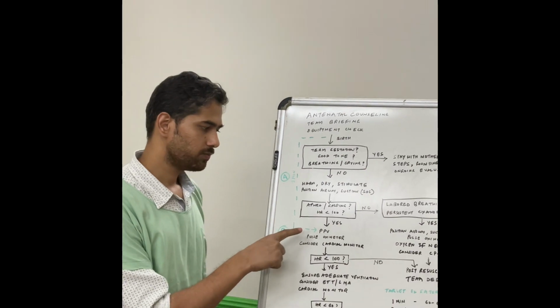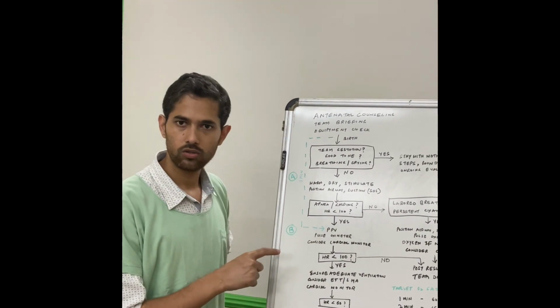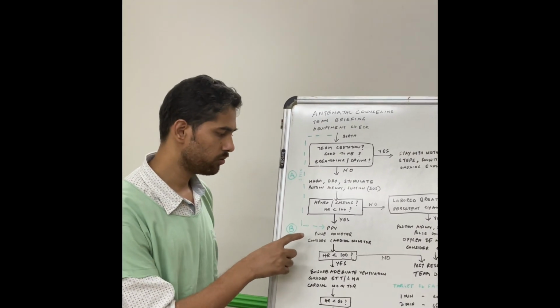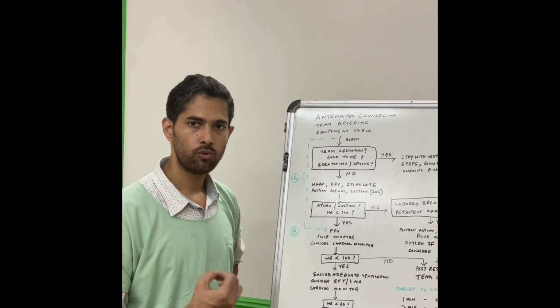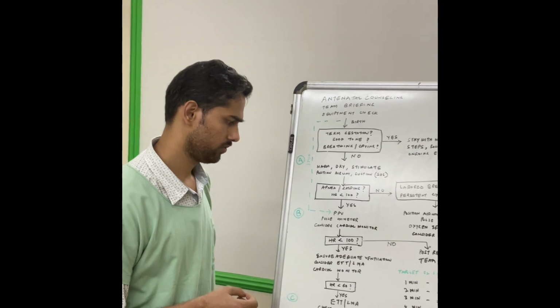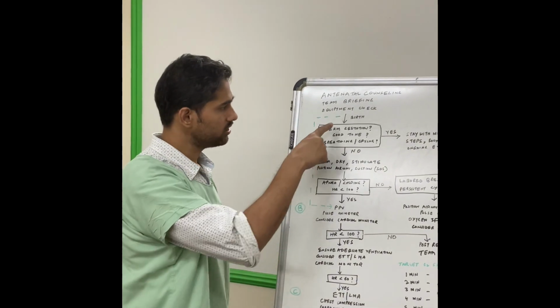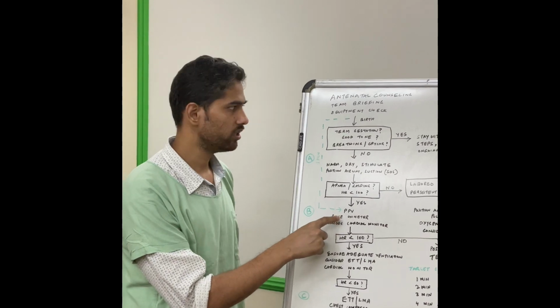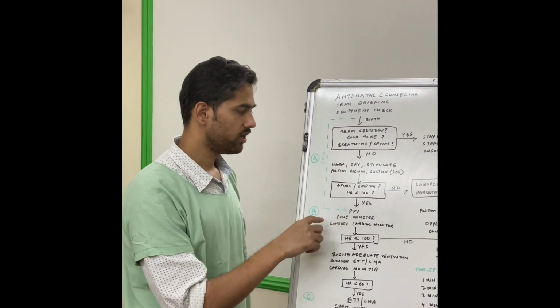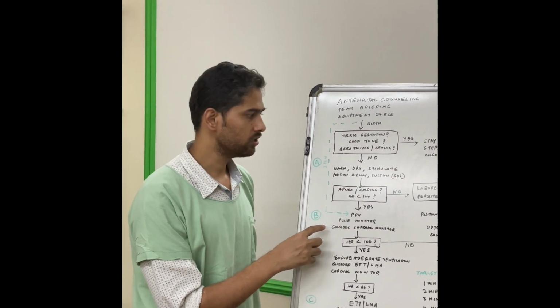But if there is apnea or gasping or heart rate less than 100, the baby will receive positive pressure ventilation, pulse oximeter, and consider putting ECG. All of this, up to positive pressure ventilation, should be completed within 1 minute, because this is the golden minute.